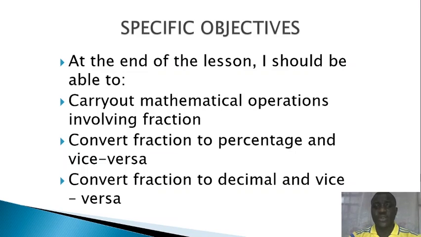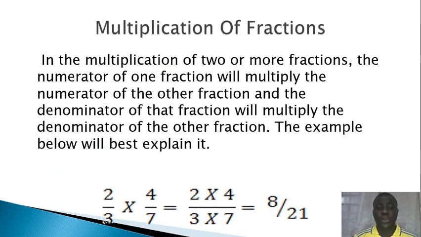Second, convert fractions to percentages and also percentages to fractions. And the last specific objective is that we should be able to convert fractions to decimals and vice versa. Taking all these things into consideration, follow these things in detail and ensure that our specific objectives are achieved.